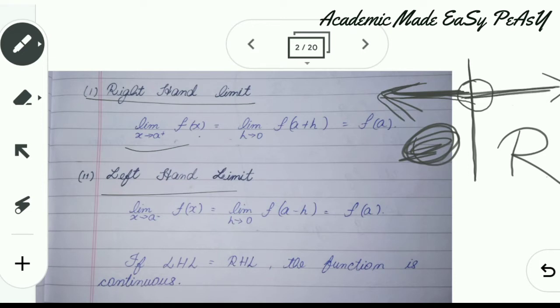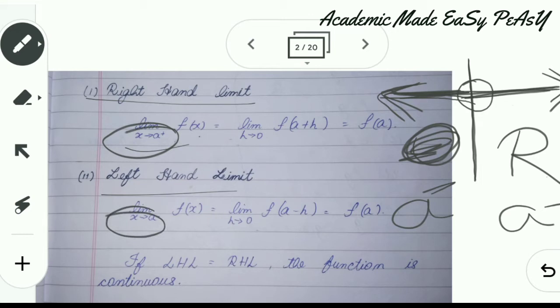And if we want to check the points over here, we will be taking the right hand limit, that is a plus. So here it will be a minus, here it will be a plus. I'm just talking about these points over here. You need not be confused.